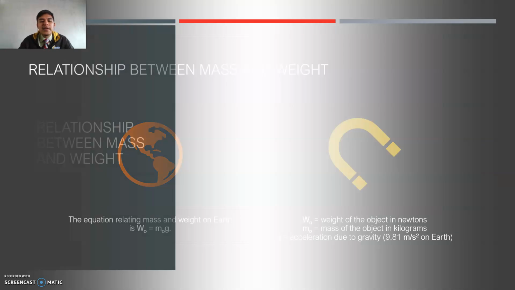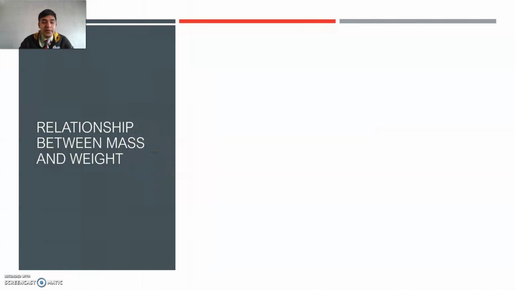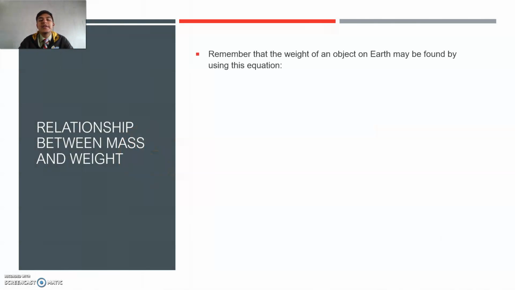All right, let's continue with the relationship between mass and weight. Remember that the weight of an object on Earth may be found by using this equation. Here we have another formula that we have studied before, and it is related to one of Newton's laws, in this case the law of universal gravitation.